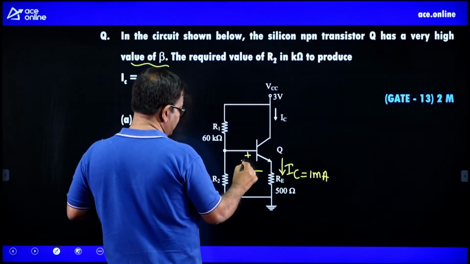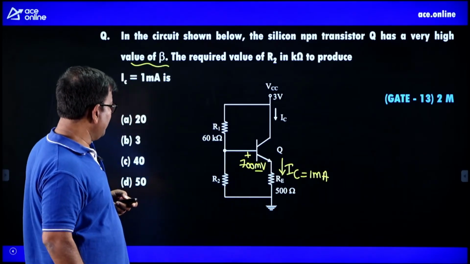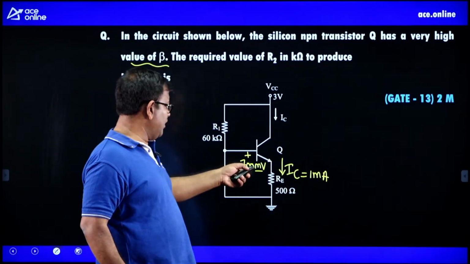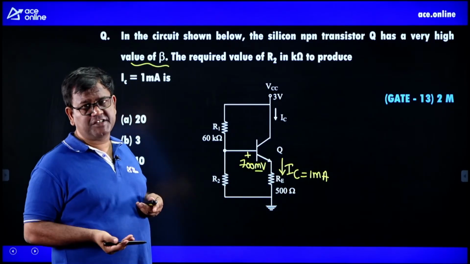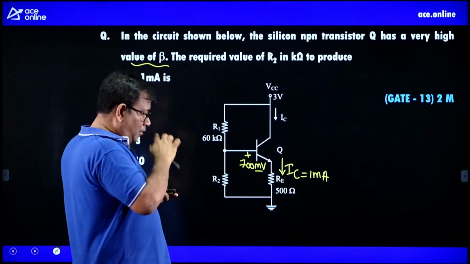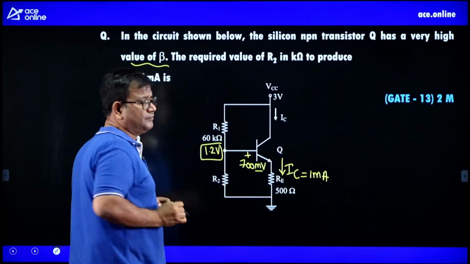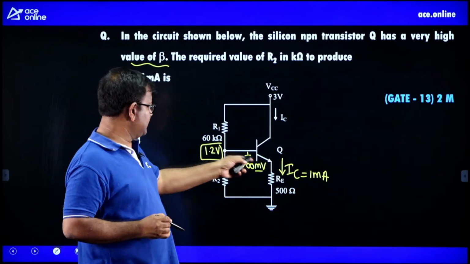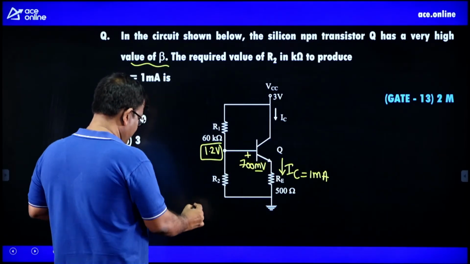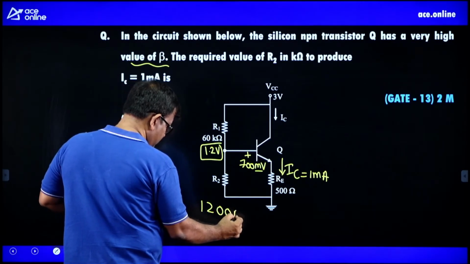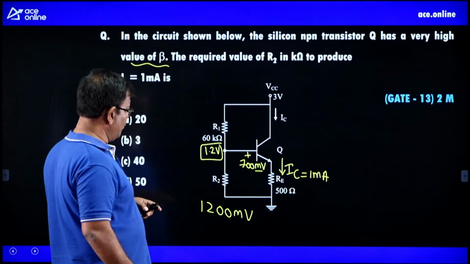So 0.7 volts is again 700 milli, and this is 500 milli. So 500 plus 700, it's 1200 millivolt, so this is going to be 1.2 volts.